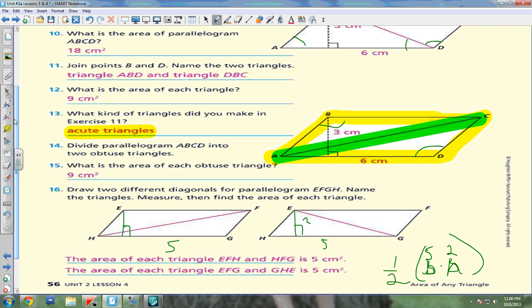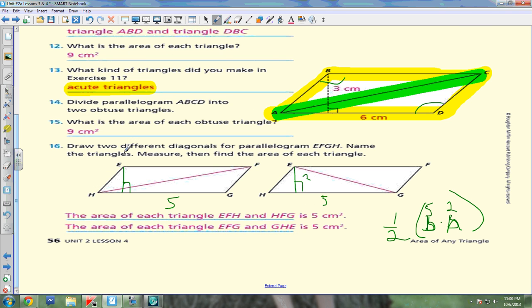Number 16. Draw 2 different diagonals for parallelograms E, F, G, H. Name the triangles, measure them, find the area of each. So they're saying draw one from H to F, draw one from E to G. And then it's saying the area of the triangle EFG and HFG.